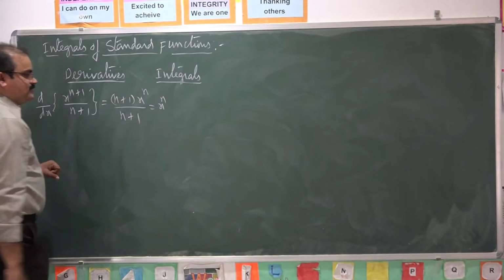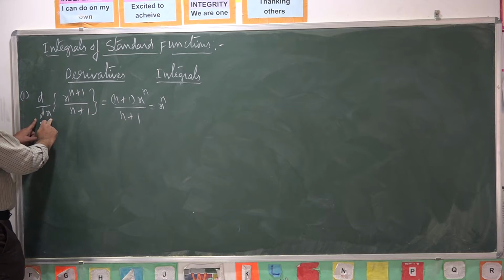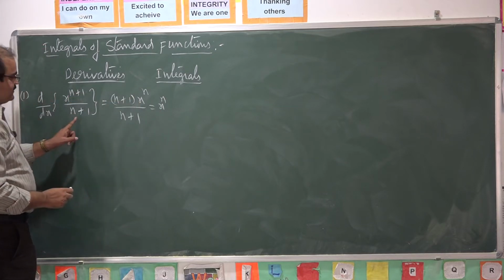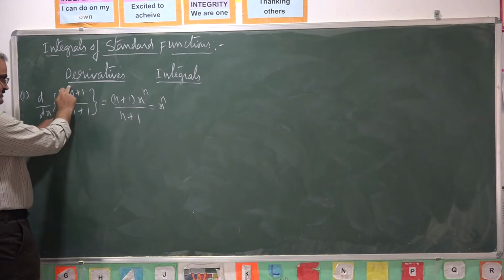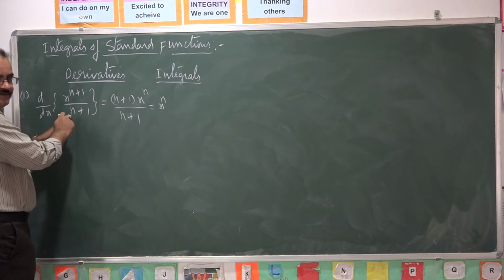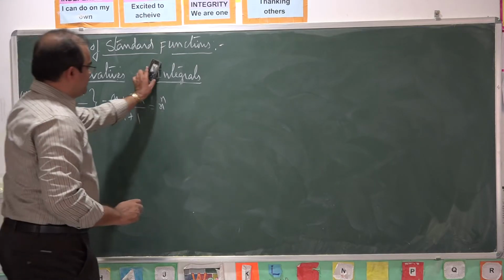So it is x power n. If d by dx of x power n plus 1 by n plus 1 is x power n, then x power n plus 1 by n plus 1 is called antiderivative of x power n or integral.